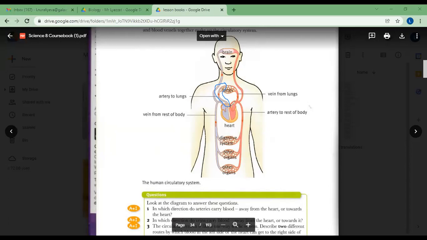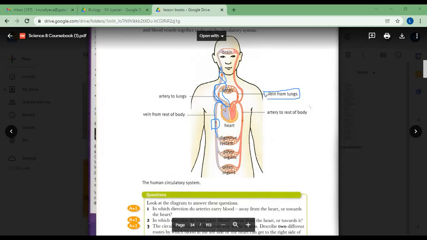All the arteries normally go away from the heart. All the veins come and join to the heart. You see this arrow and this arrow. But this is the definition.